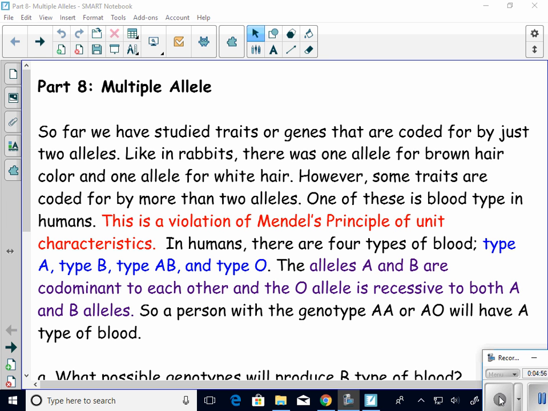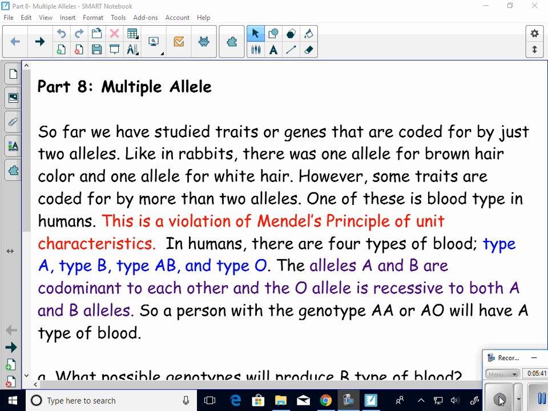Neither one of them dominates over the other, but in this case, they dominate over O. All right?